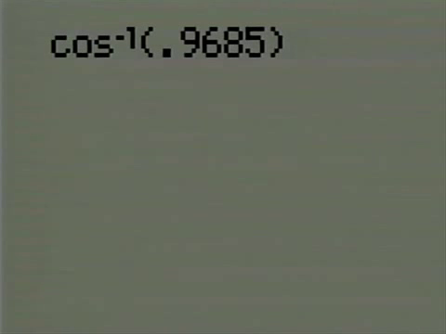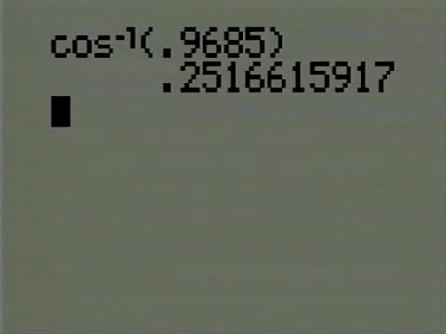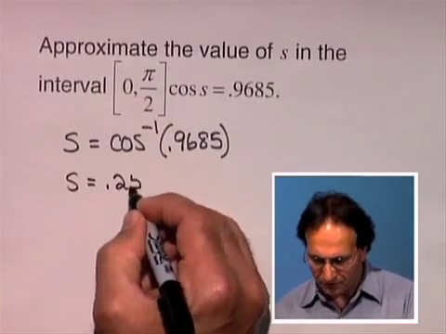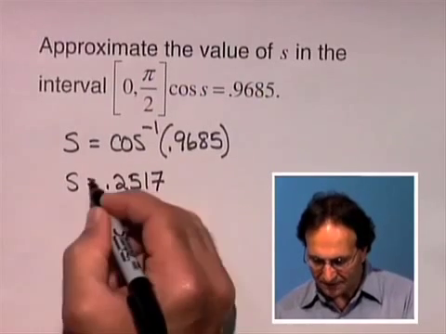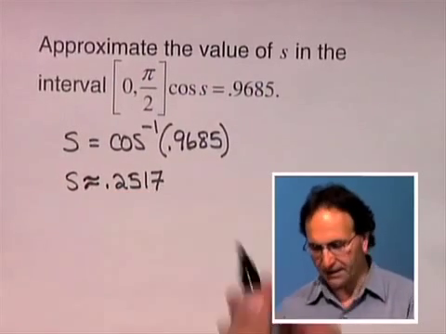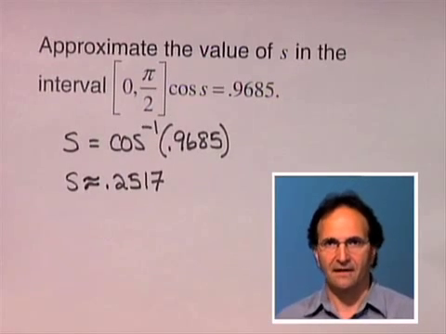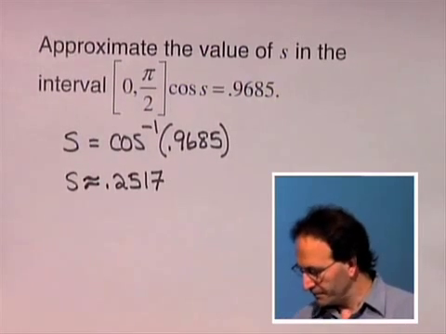Now we press enter, and we get the result of 0.2516615917, which will round off to 4 decimal places, and therefore s is approximately equal to 0.2517 radians. Let's do another one.